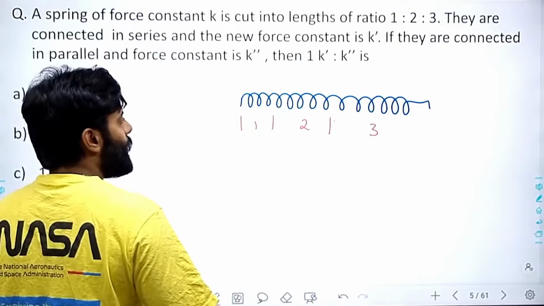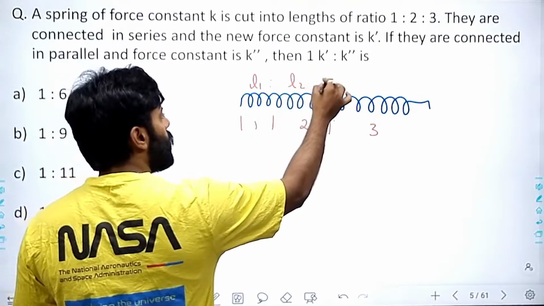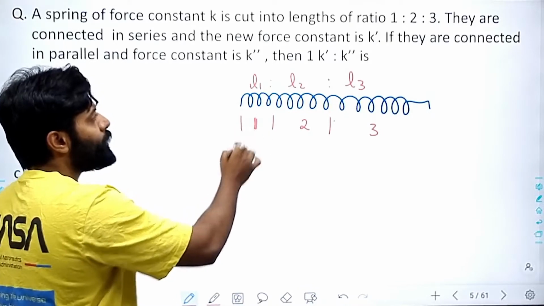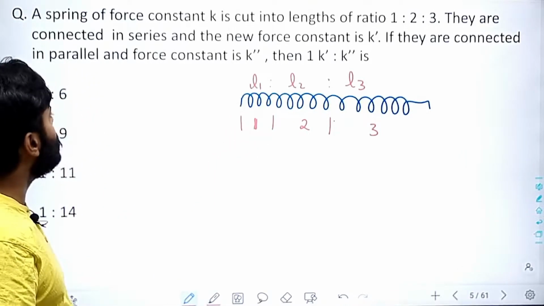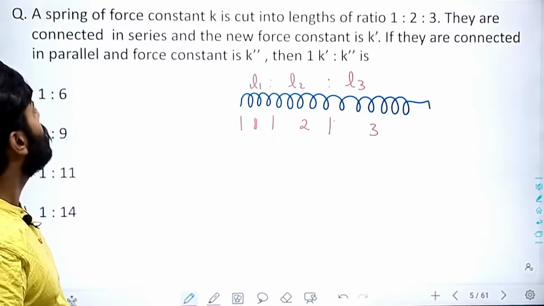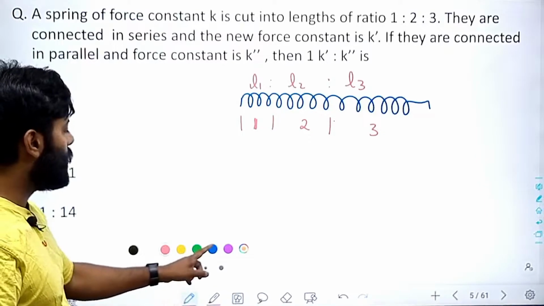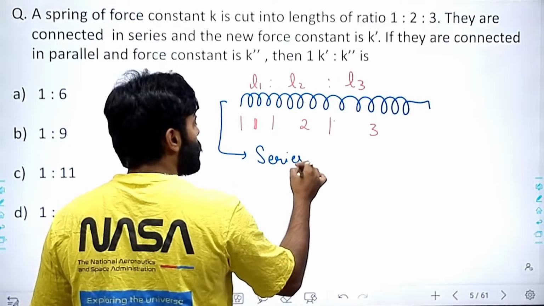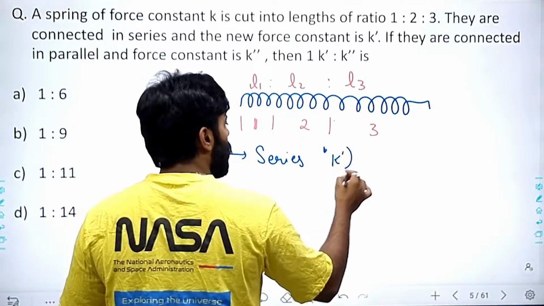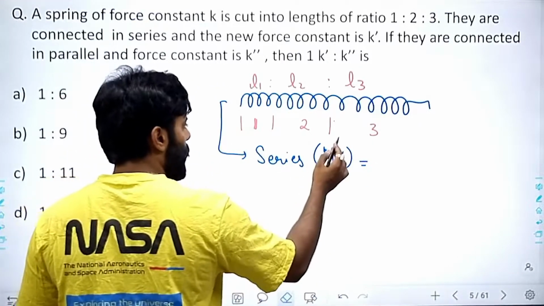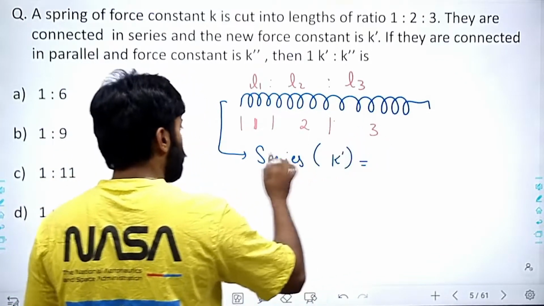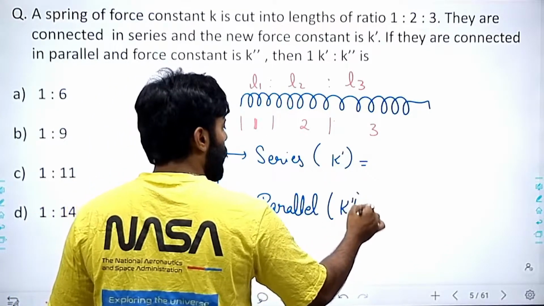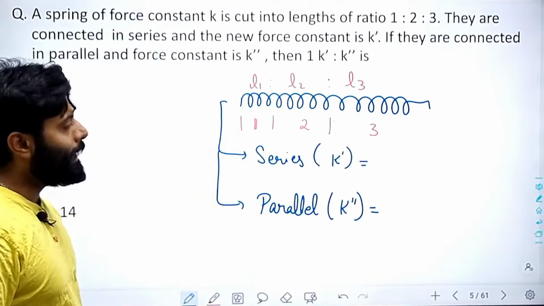So we cut this spring into a 1:2:3 ratio, and now we connect these springs in series. Does this make any difference when we are connecting them in series? Do let me know. So this spring constant K dash is equal to something, and we have connected these in parallel as well. That will be K double dash, and you have to calculate K dash upon K double dash.